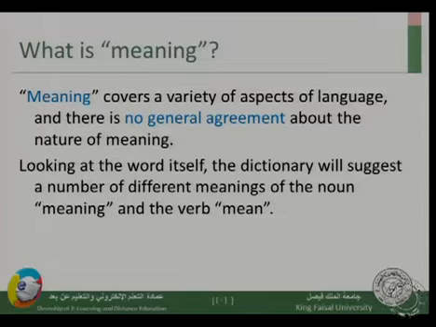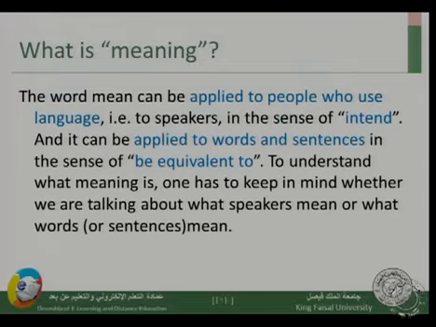Looking at the word itself, if you take the word meaning or the verb mean and you look it up in the dictionary, you'll find different meanings of mean and different meanings of meaning. Okay, so here, for the purpose of our study, we are going to give two possible definitions, or two possible ways to look at meaning.